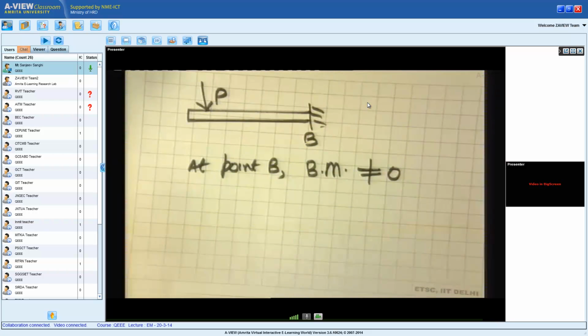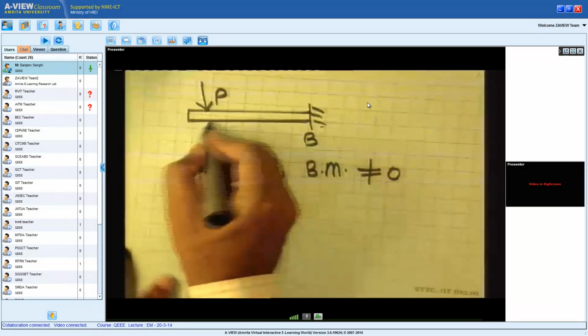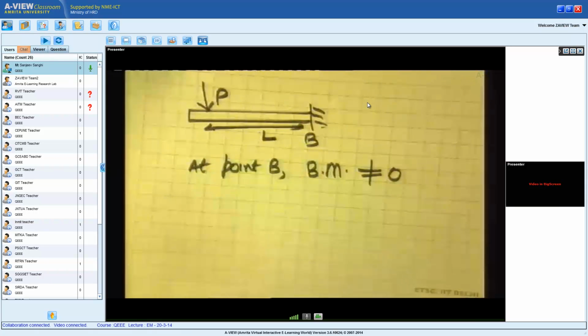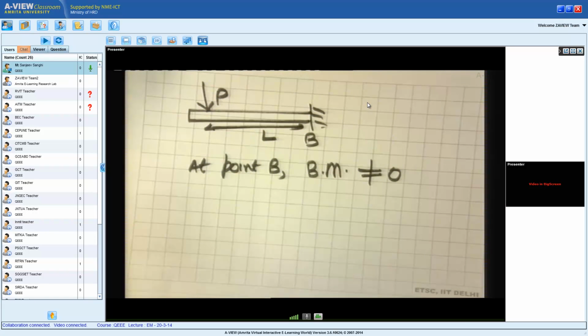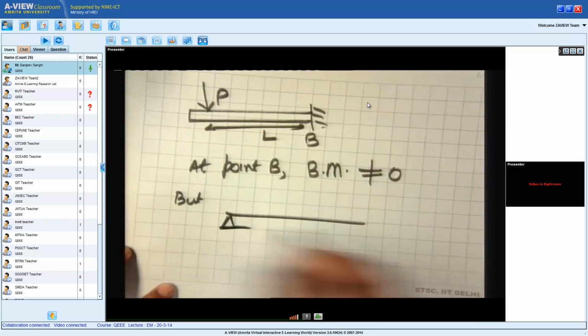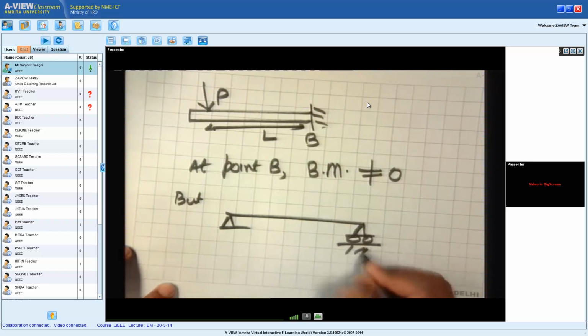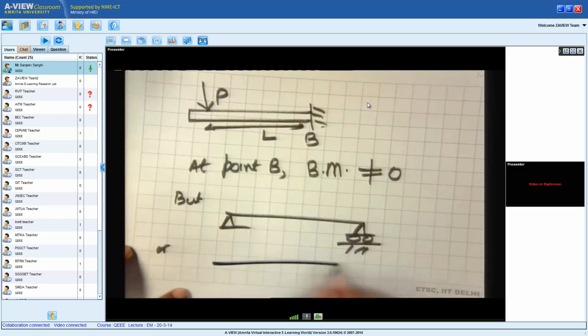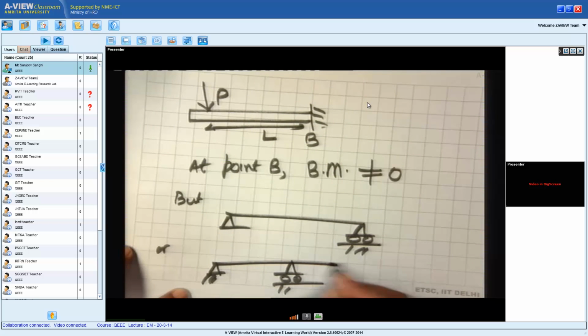It will have some value which will be basically, in this case, if it's a loading like this, the magnitude of the bending moment will be P times L, or as per situation demands. But if we have a beam like this, in cases like this, or in cases like this.